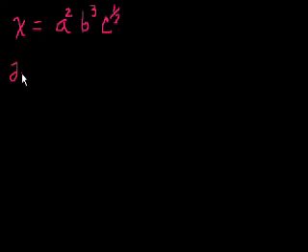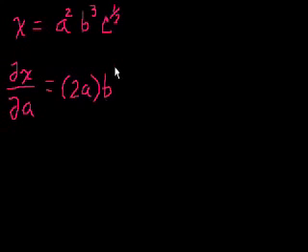Now, what is the partial derivative of x with respect to a? Well, everything else is just a constant. What's the partial of a squared with respect to a? Well, it's 2a, so it'll just be 2a times the constants, times b to the third, c to the 1/2.